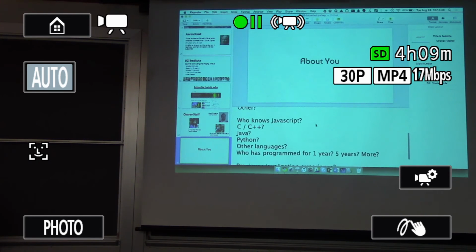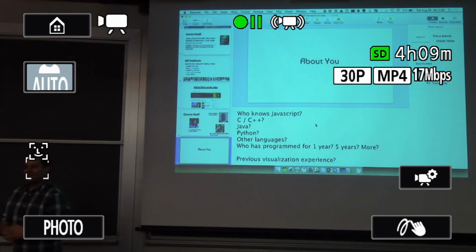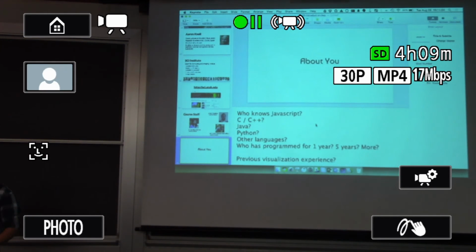So a couple of questions about the technical skills. Who knows JavaScript? Okay, by the end of this class, all hands will go up. Who knows C++ or C? Almost everybody. Great. Java? A lot of people too. Python? Other languages?